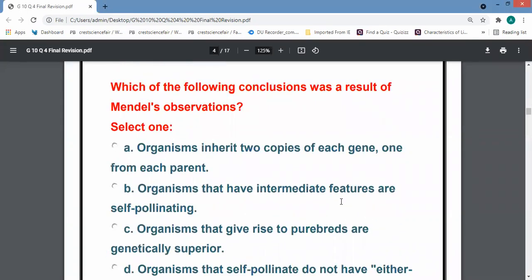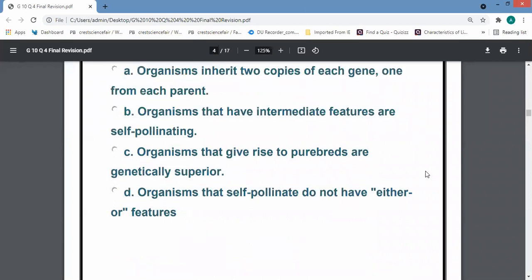Which of the following conclusions was a result of Mendel's observations? Organisms inherit 2 copies of each gene, one from each parent. Organisms that have intermediate features are self-pollinating, or organisms that give rise to purebreds are genetically superior. The last one, organisms that self-pollinate don't have either or features.